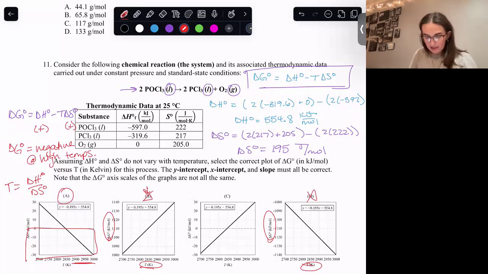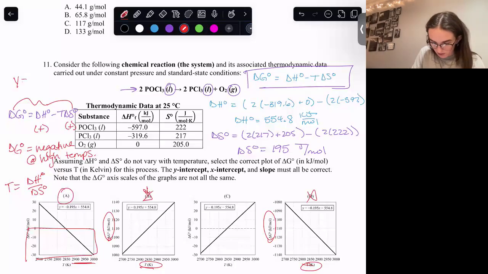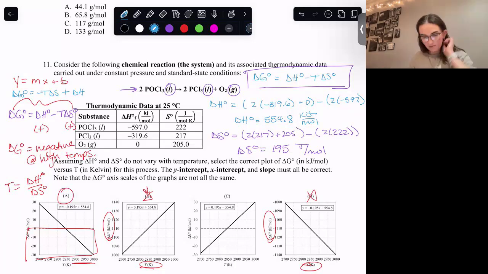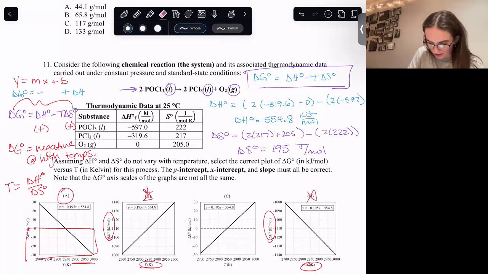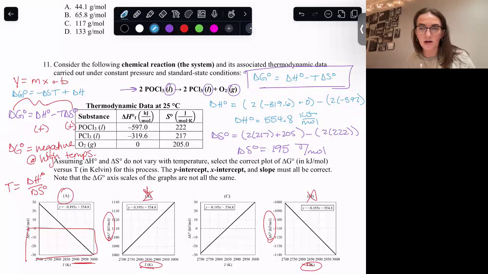The other thing I can say about this is that delta G is equal to delta H minus T delta S. That is kind of close to Y is equal to MX plus B. But we would rearrange it to delta G naught is equal to negative T delta S plus delta H. It's technically negative delta S T because X is temperature and delta S is your slope. Okay, does that help there?